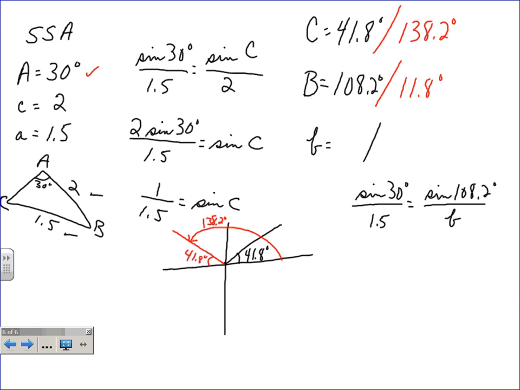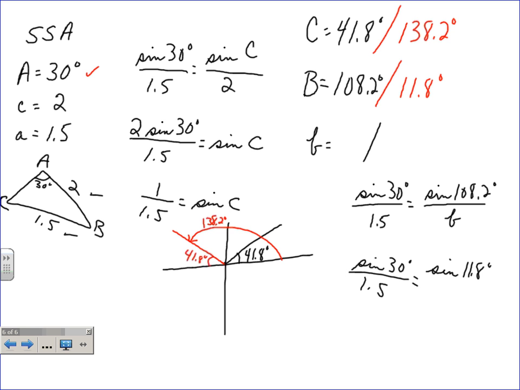And then I'm going to do the problem again. Sine of 30 degrees over 1.5, the givens, equals, and now I'm going to go sine of 11.8, and that's for the red. And so I have two different sides for side B.